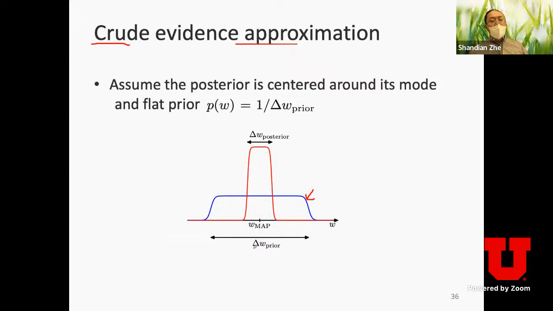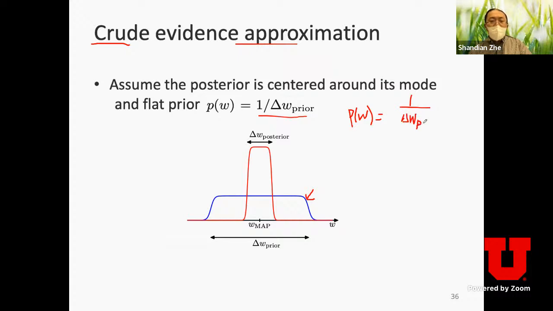We can denote the range for the prior by big Lambda_W prior, and the posterior by big Lambda_W posterior. We make such assumptions just for convenience, but you can see that even with this very crude approximation, we can see some structure inside the model evidence. So let me emphasize again, the prior will be something like that.